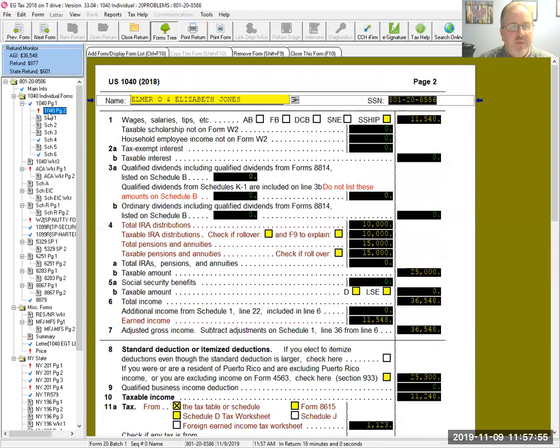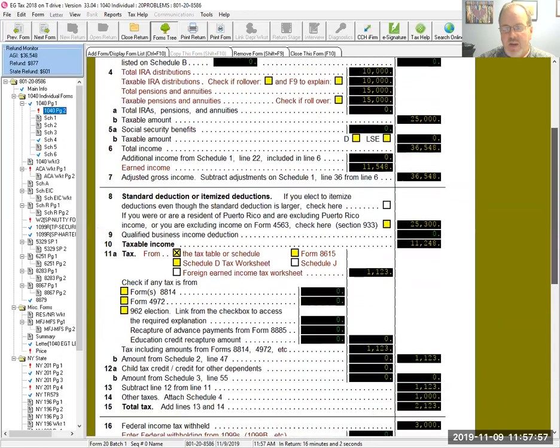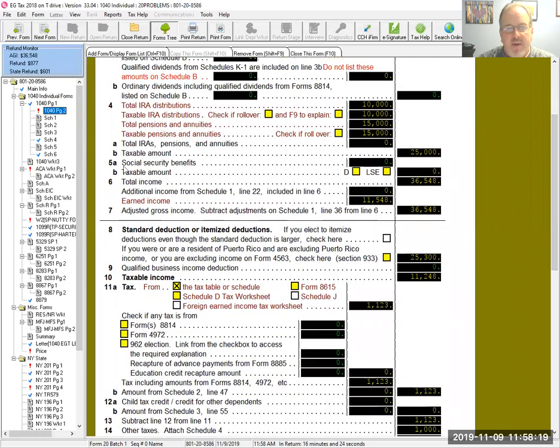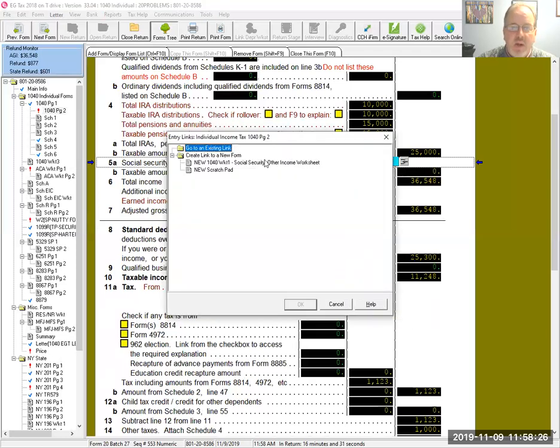So if we go back to our 1040 page 1, we can see our income, and then down here below, other taxes, we noticed that was on Schedule 4, there's that $1,000 penalty, okay? Now, the last document that we have here for Elmer and Elizabeth, Elmer's on Social Security, okay? So, on my 1040 page 2, line 5A, I have Social Security. So I'm gonna go in there, I'm gonna hit F9, I'm gonna go to my Social Security worksheet.